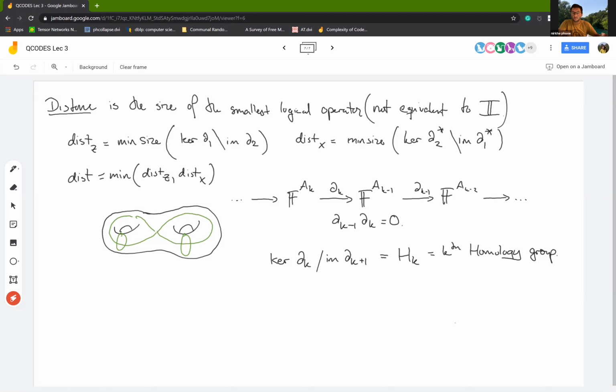Oh, okay, I see. So to get a CSS code out of this, we really only need to look at 2 adjacent boundary maps. It's just that we sometimes look at what happens if you add more boundary maps, because this can help you study these objects. The CSS codes we first thought about as, wow, we see this boundary map condition at low levels, like the toric code, with boundary maps for K = 1.